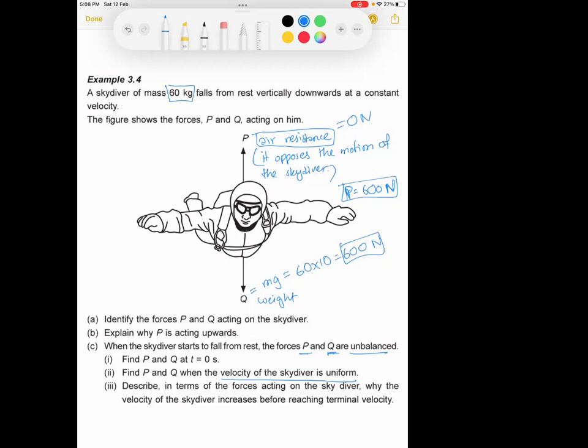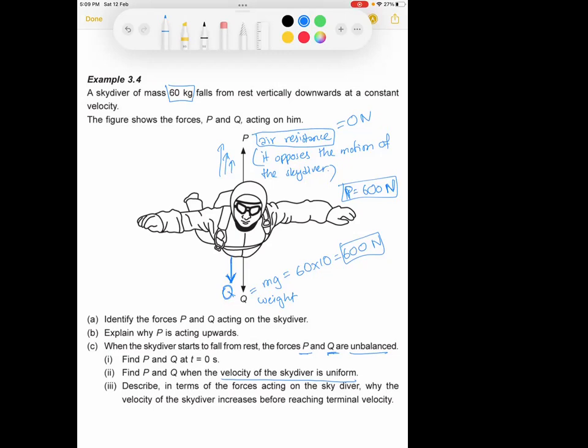So you have to say that before reaching the terminal velocity, P is less than Q, because P is starting to increase, but at the beginning it's not equal to Q. So the resultant force is acting downwards. This means the skydiver is accelerating downwards because of this downward resultant force. I hope that's clear.